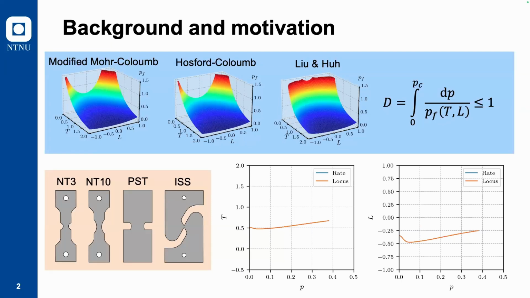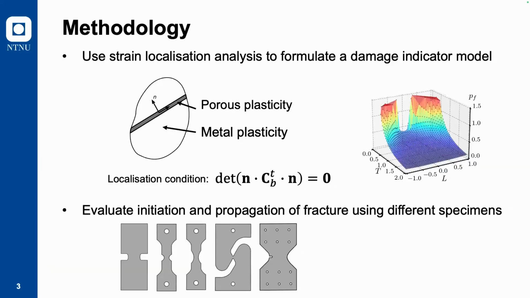To do so, we're applying the following methodology. First of all, we're using strain localization analysis to obtain the fracture strains for different stress states. We consider a homogeneously deformed material with an imperfection band in the center.